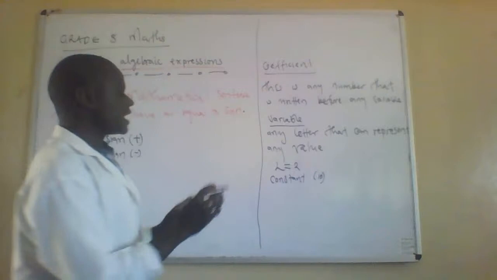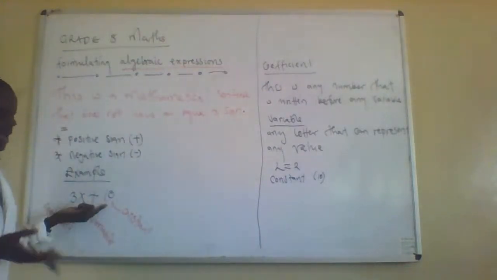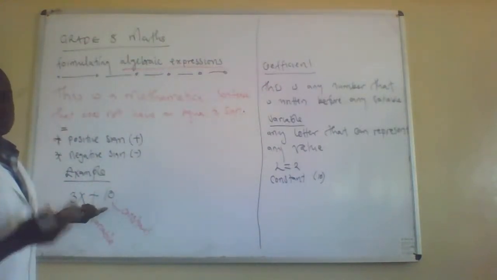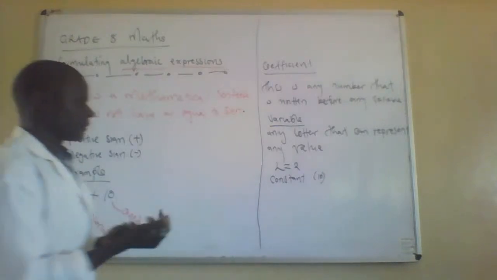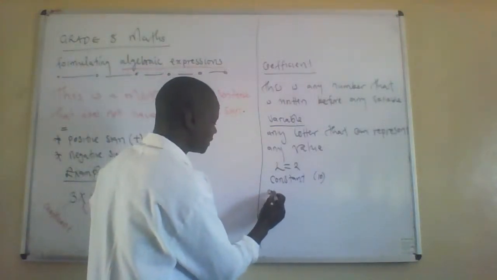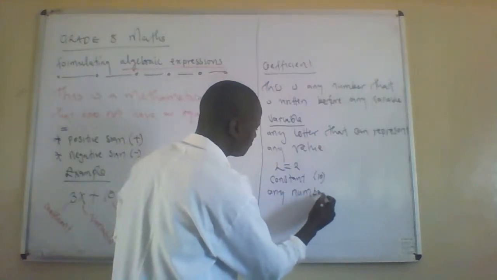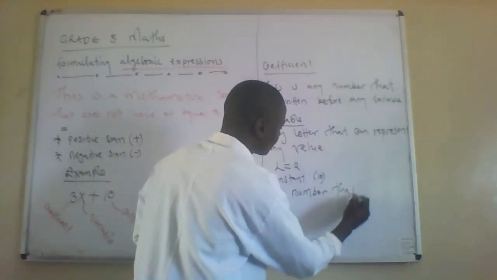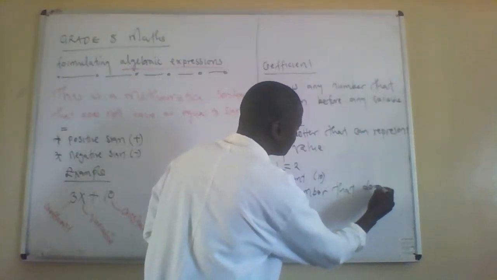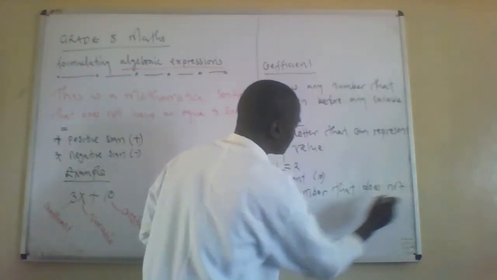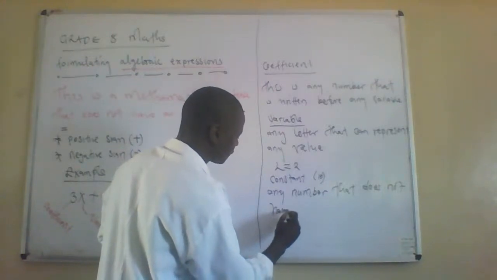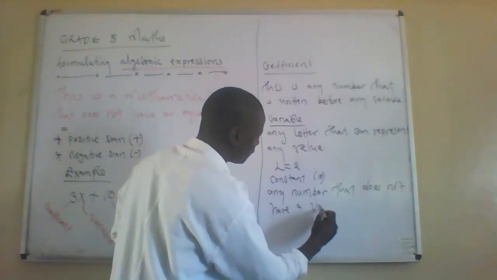We are saying a constant is any number that does not have a variable.